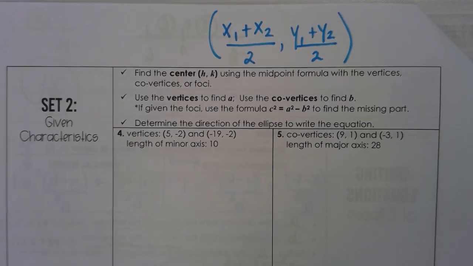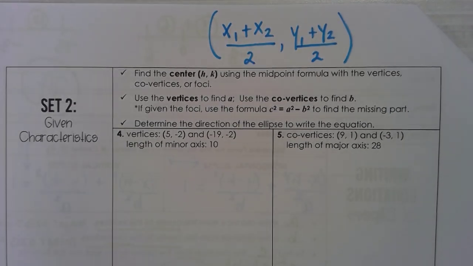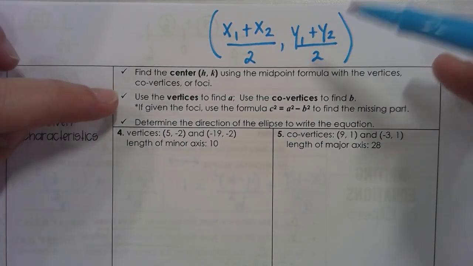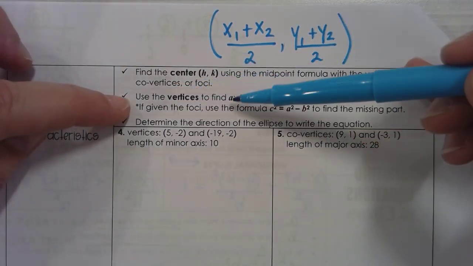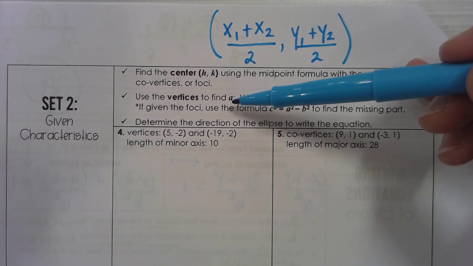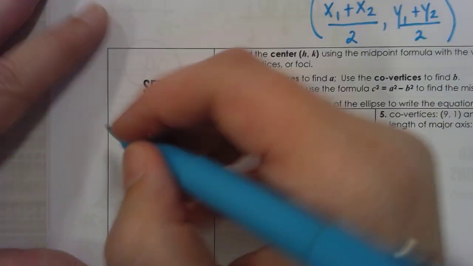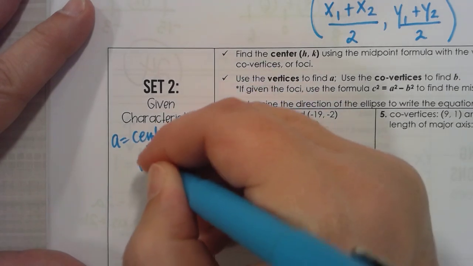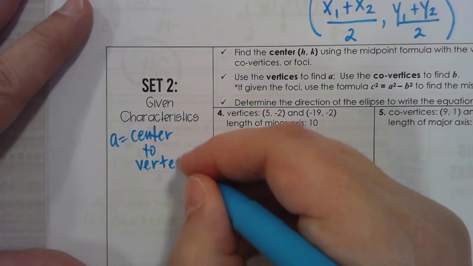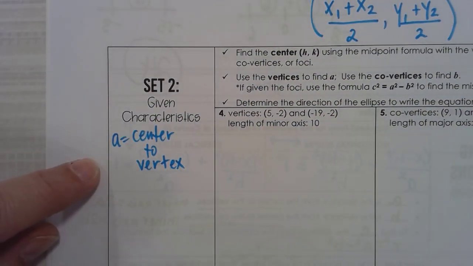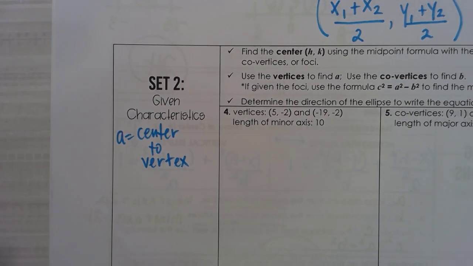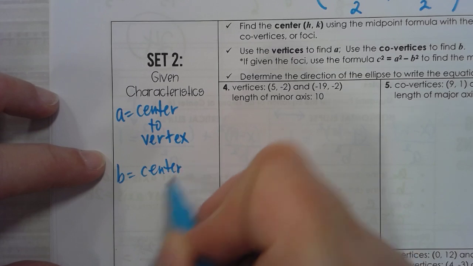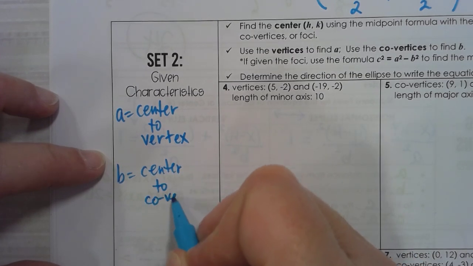So whatever number they share, you don't need to do that with, just the other number. That's going to give us the center. Then we're going to use the vertices to find A. From the center to A is the center to a vertex. How far from center to the vertex? That'll give you A. B is going to be center to the co-vertex.